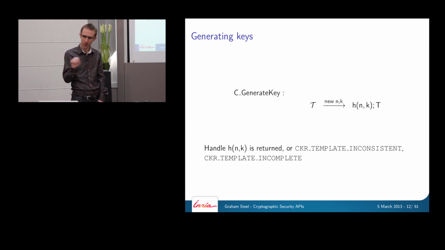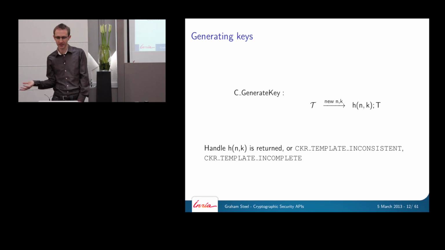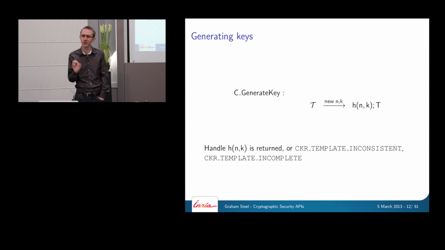And then to the right, I've put a T, and this T is deliberately in a different font. That's not a typo, and that is because the template that you actually get when you ask the device to generate you a key won't necessarily be exactly the same one that you asked for. There are two reasons for this. One is that you typically only partially specify the key that you want, and then the device goes ahead and adds some default attributes to the final template of the key that you actually get.